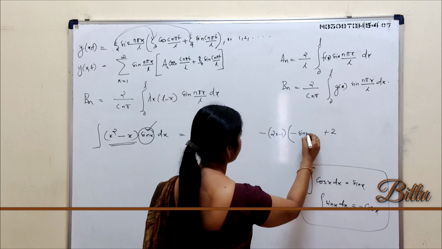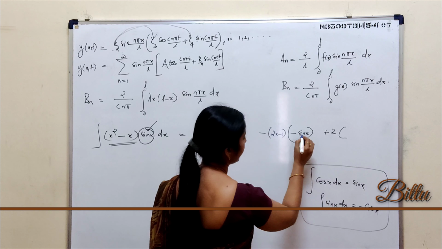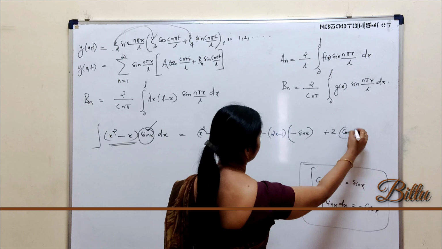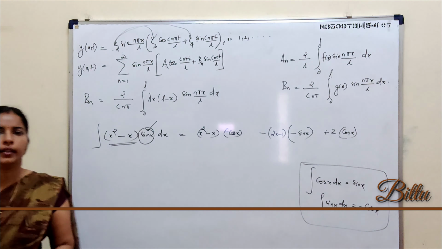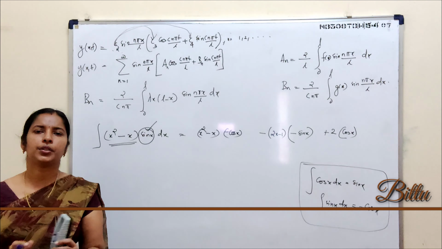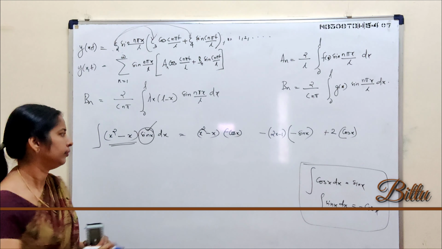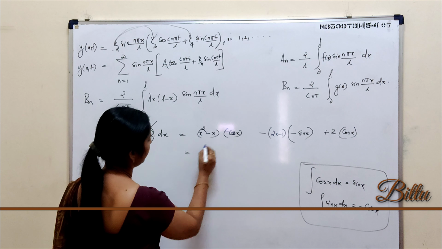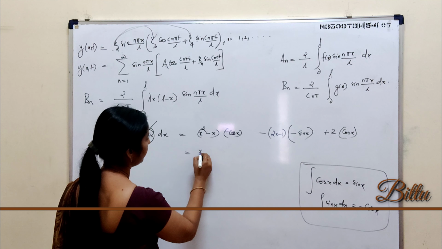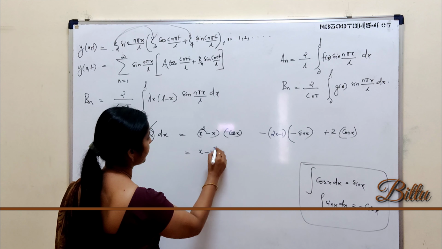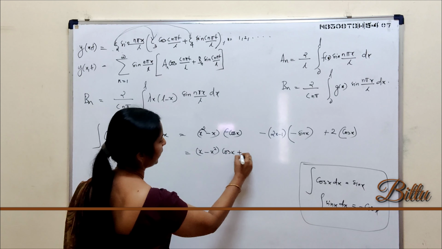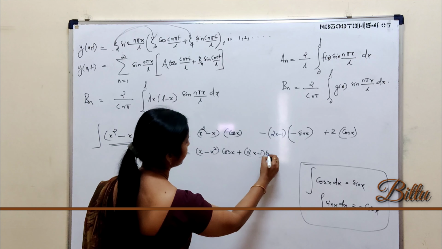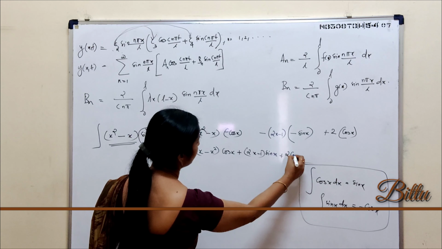It is minus sin x. Here you write its integral, that is cos x. See, the integration is over. Next you can combine the signs. That is, you adjust this sign here, so this becomes x minus x squared into cos x plus 2x minus 1 into sin x plus 2 cos x.